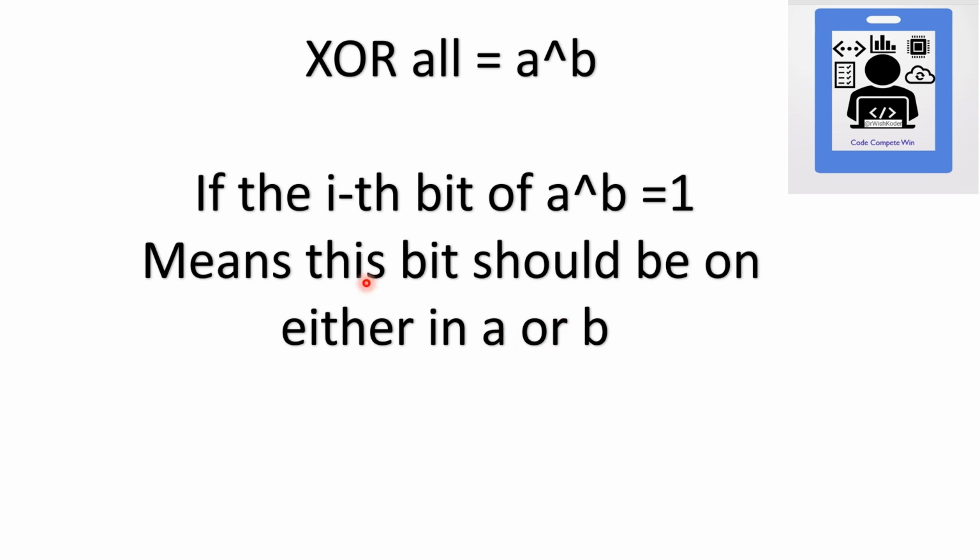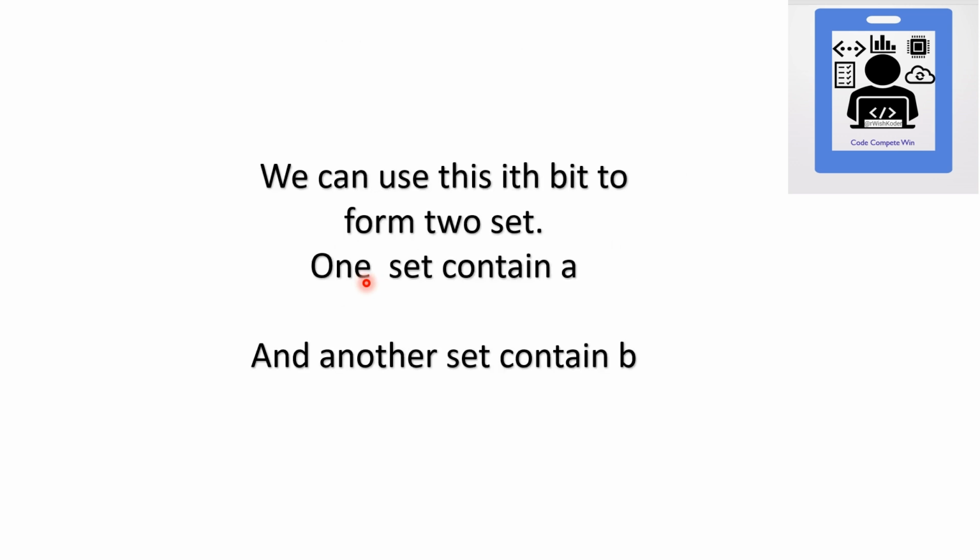And if the ith bit of A XOR B is 1, it means that this ith bit should be on in either A or B. It cannot be on in both of the elements. So now we can use this ith bit to form two sets.